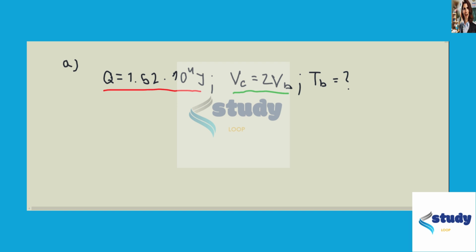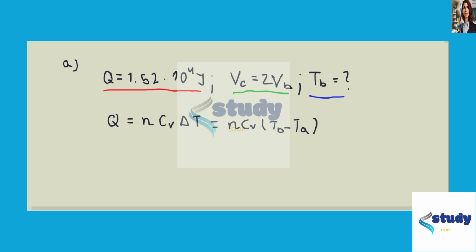So for part A, we need to solve for the temperature that comes after the first part of the process, the heating part. In order to do so, we know that Q equals, in this case, constant volume, n times the heat capacity and the change in temperature, which is equal to n C_V (T_B minus T_A).